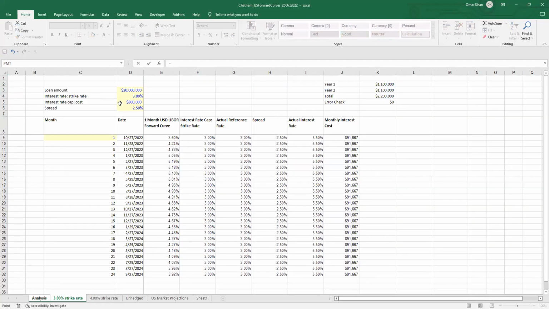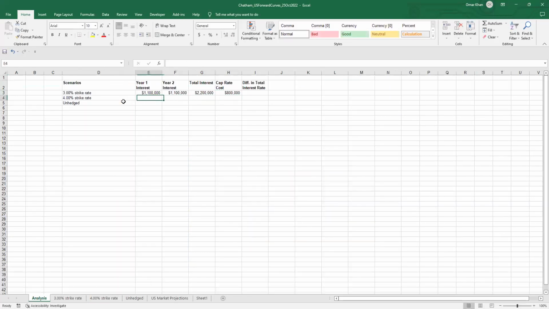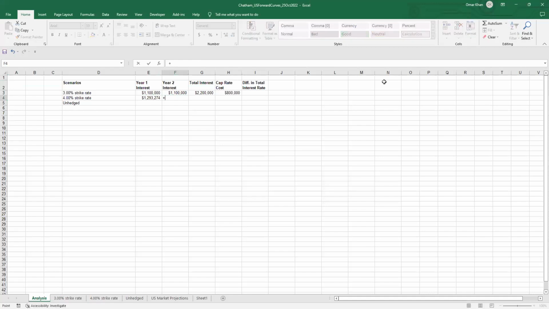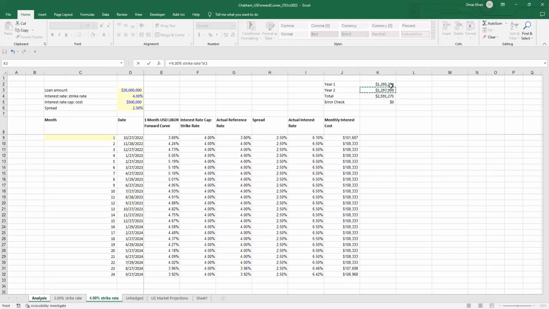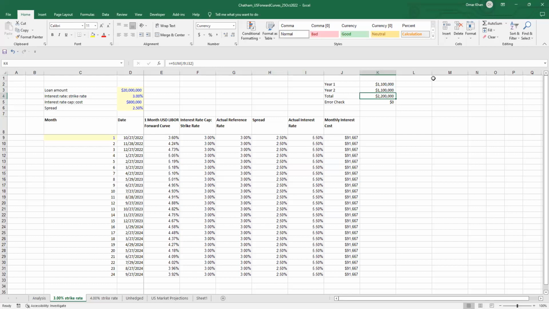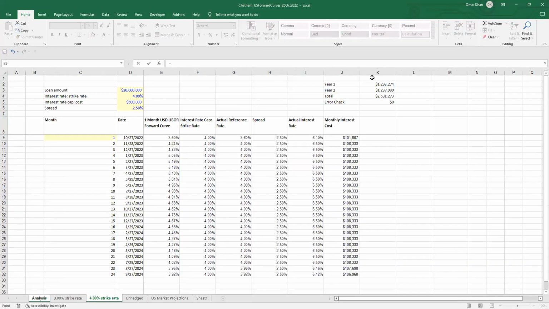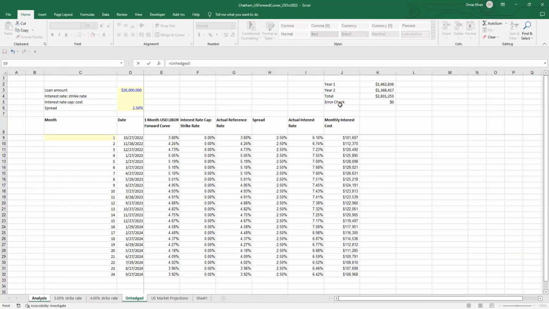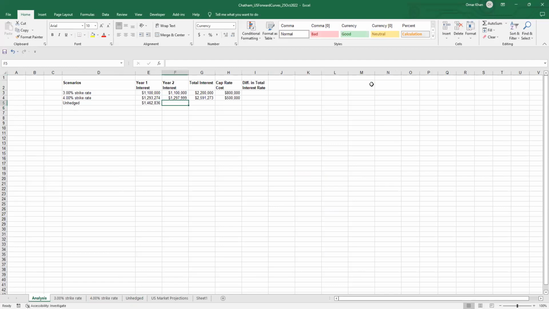Cap cost is this, right? 4% scenario over here. Year one is this. Year two is this. And year three, and total is this. And your cap costs are, hold on, I think I screwed up there. Yeah, your cap costs are $500,000, right? And now we're going to do the same thing on a hedge. I'm just linking everything so it's in one spot. We can see it easily, right?